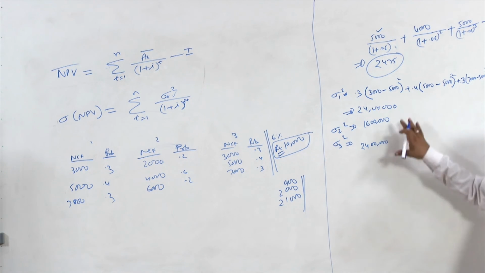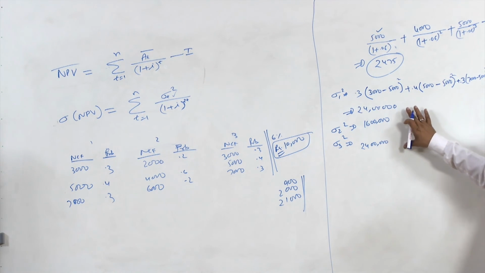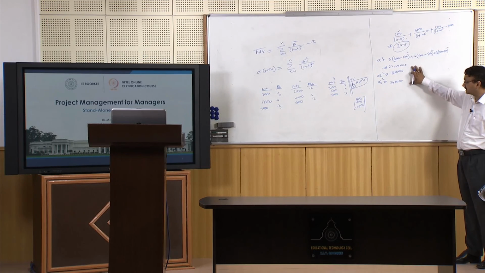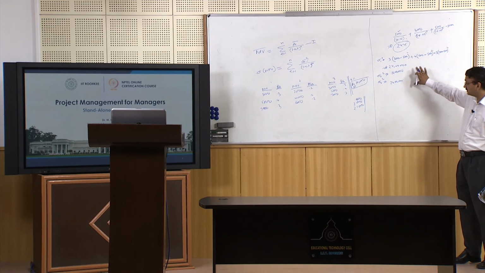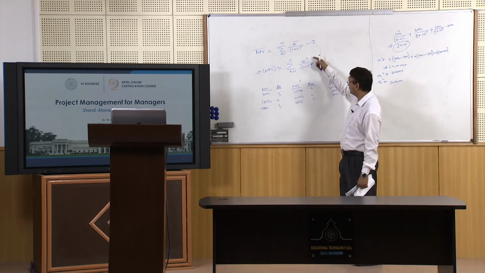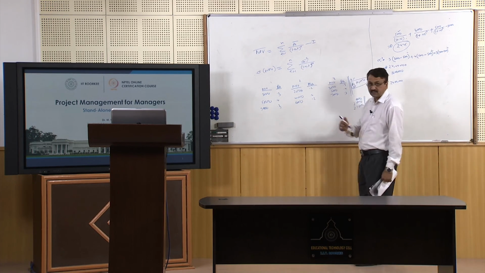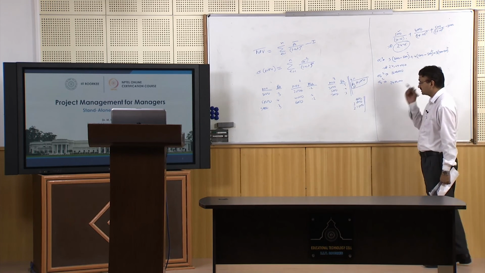So with this we will solve the remaining part of this question in the next session, because we did not find out this value so far. We just calculated these values. Otherwise, let me finish in this session itself.